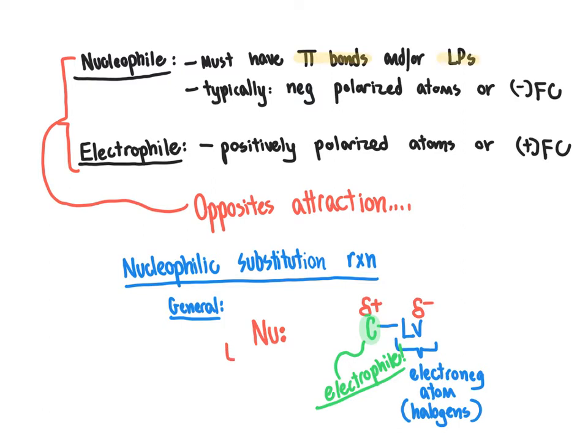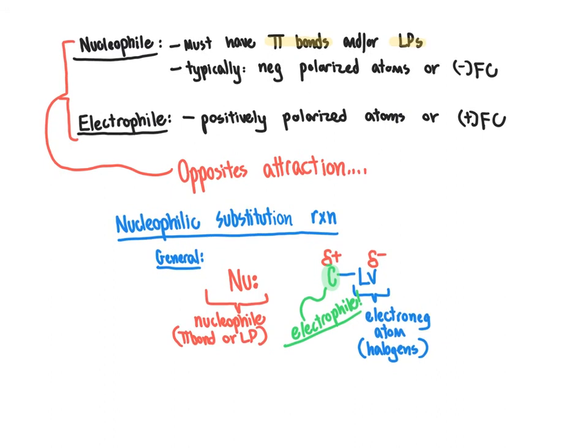And that nucleophile, I'm just going to write nucleophile to make sure that we're clear on our definition, has to have a pi bond or a lone pair, and it's going to be either a negatively charged or negatively polarized atom that we are dealing with there. So it has to have a negative formal charge or negative polarization.